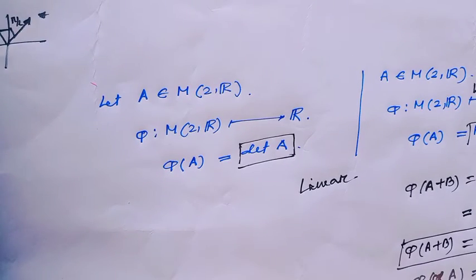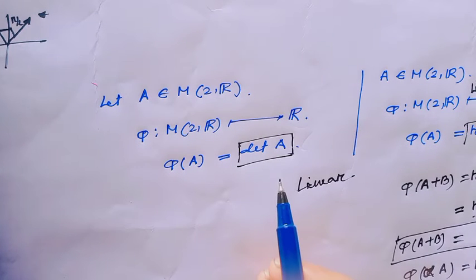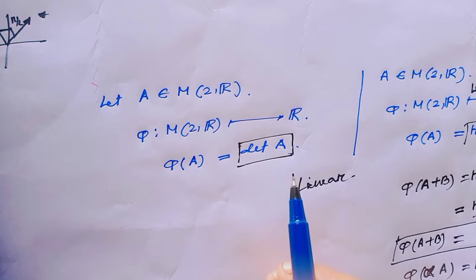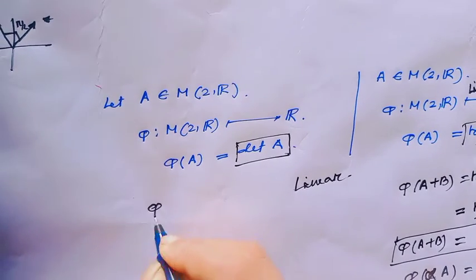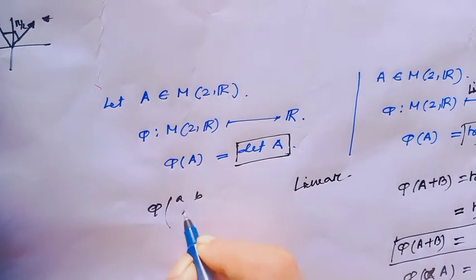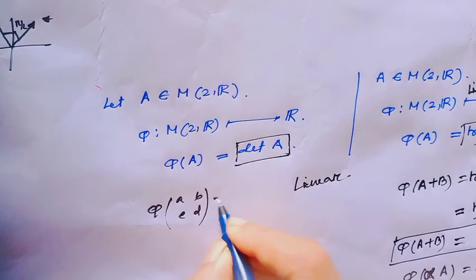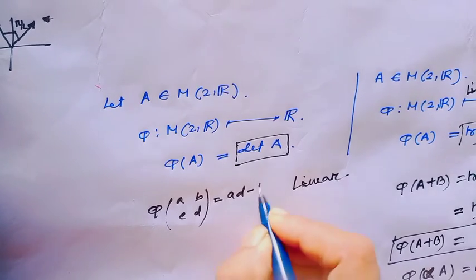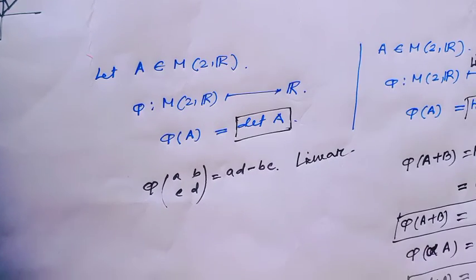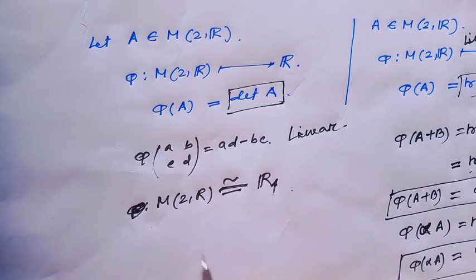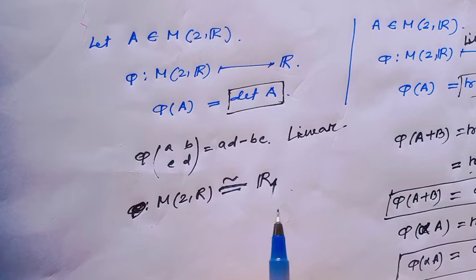Second, here the mapping is defined as phi of A equals determinant of A. That means the mapping is such that (A, B, C, D) maps to AD minus BC. Is this mapping linear? Notice phi here, M2(R) is isomorphic to R4, we all know.